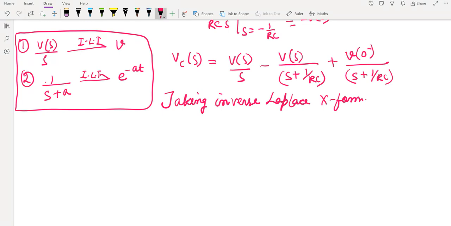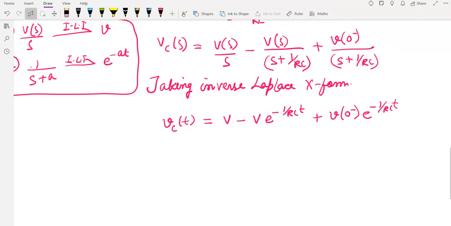So now going back to the time domain, we will see that it will become Vc(t) is equal to v minus v e to the power minus 1 by RC into t, plus v at 0 minus e to the power minus 1 by RC into t.